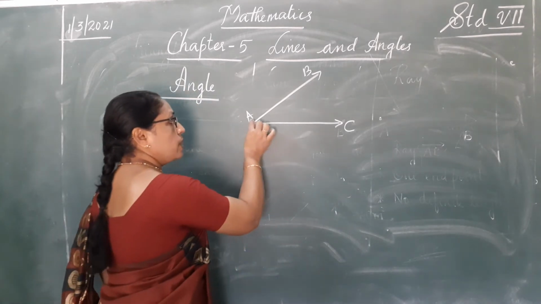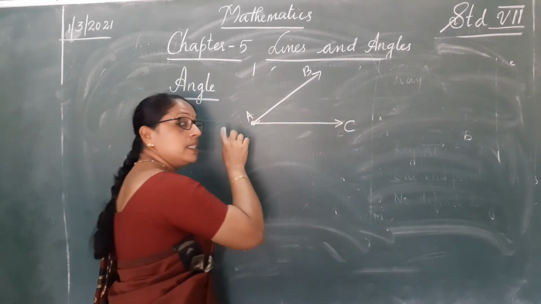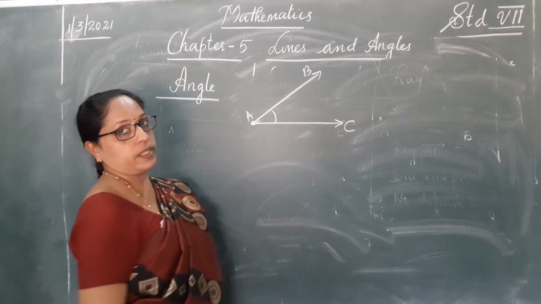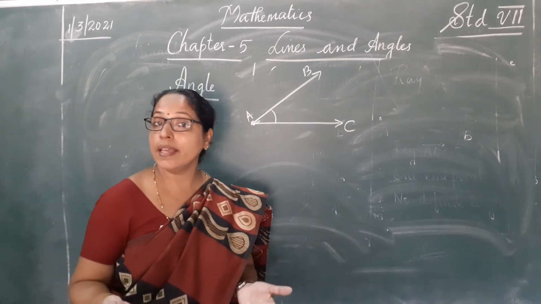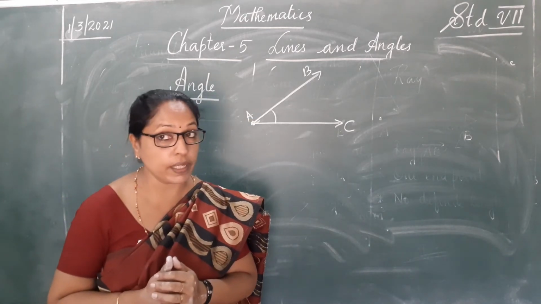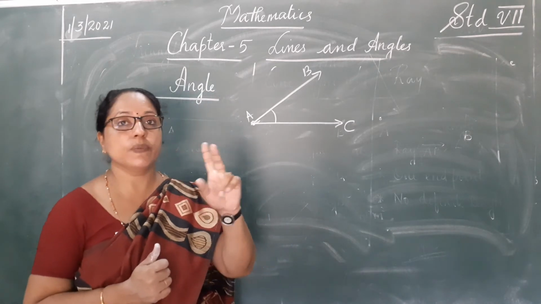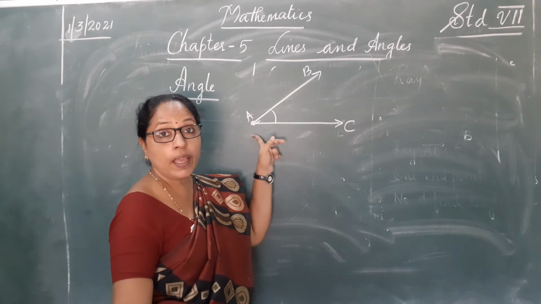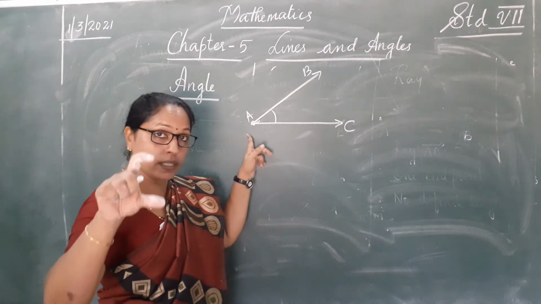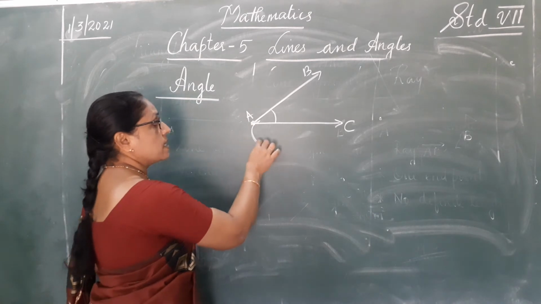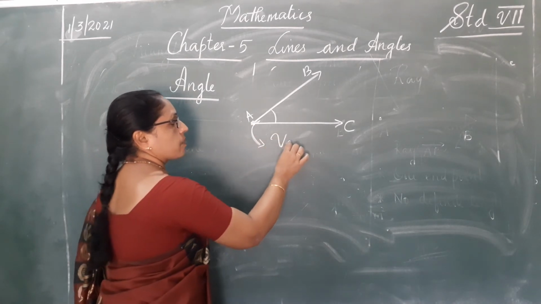So when two rays are joined at a common point, then an angle is formed. How many rays are required to form an angle? Two rays. Which are the rays we have taken? Ray AB and ray AC. Where have they joined? At A. So this A is known as the vertex.